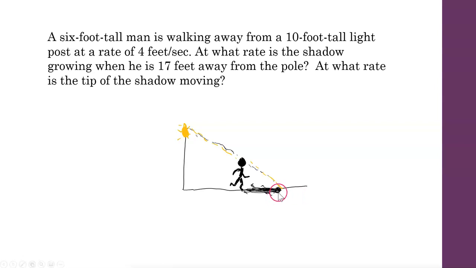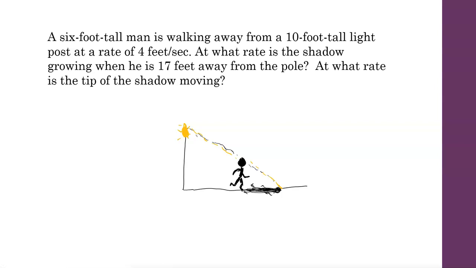So we want to know how fast the shadow is growing. And then the second part: as he moves, the shadow grows and moves away from the light post, because the man is moving and the shadow's in front of the man. So we want to know at what rate the tip of the shadow is moving. We'll come back and look at that in our calculations.